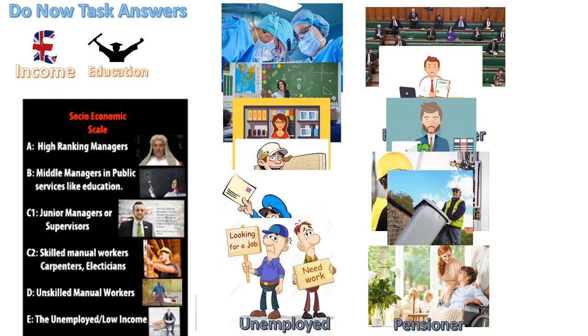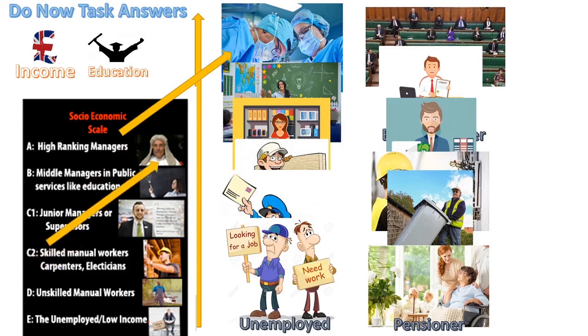Now, if we look at these in relation to the socioeconomic scale, they link up. So if you are in socioeconomic group A, you are going to be your surgeons and your MPs. If you are teachers and bank managers, you are going to be in socioeconomic group B. If you are store clerks and you are working within banks but are not a bank manager, then you will be in C1.